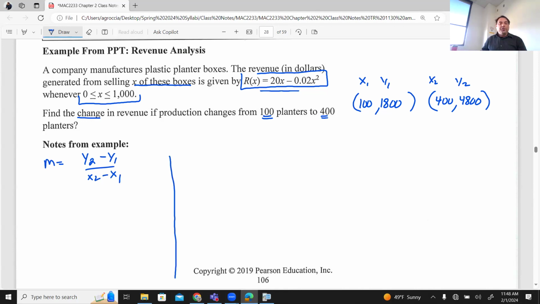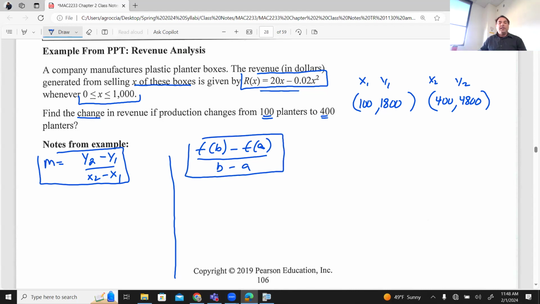The second formula is f of b minus f of a over b minus a. And then we're going to do it the third way using the formula we ultimately want to get to, which is f of a plus h minus f of a all over h.